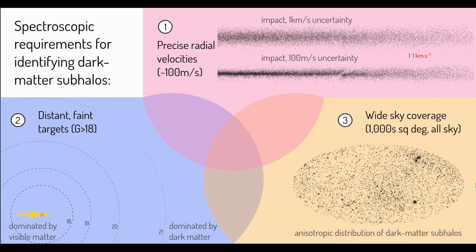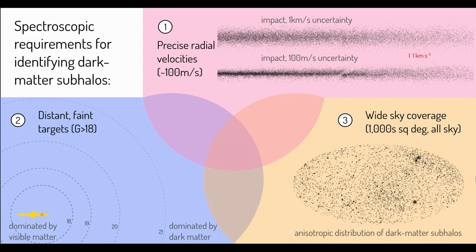All of these streams are probing the dark matter halo of the Milky Way, which is expected to be unrelaxed. Below, I'm showing the distribution of dark matter subhalos from a Milky Way-like dark matter-only simulation that has an LMC analog shown over here. You can see that this distribution is highly anisotropic.